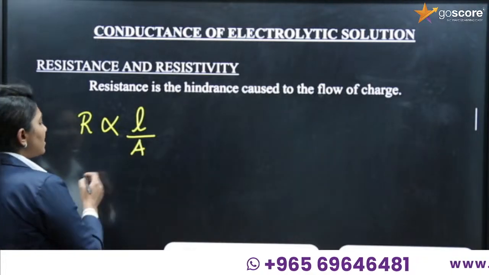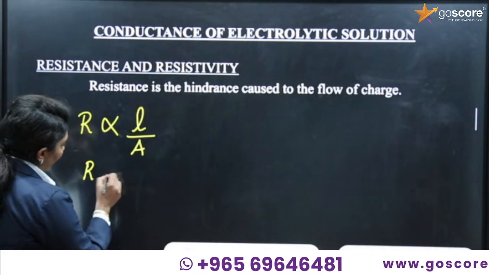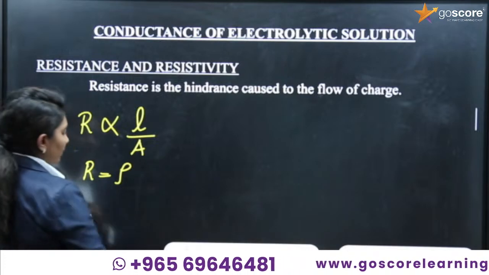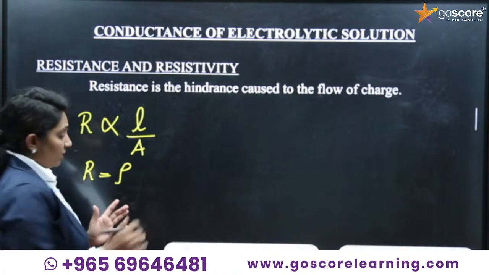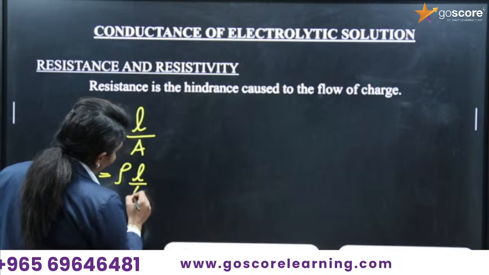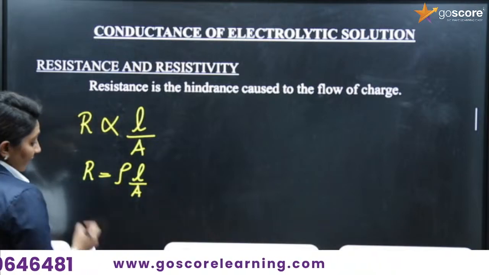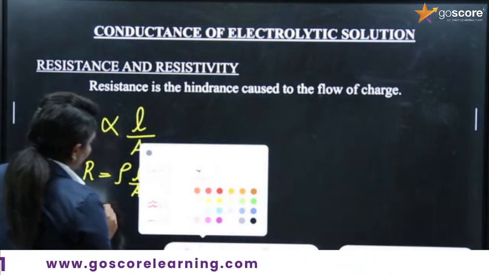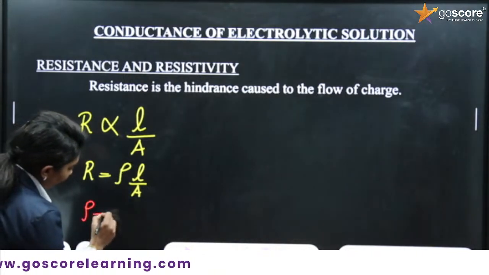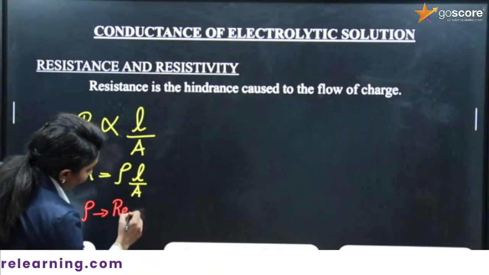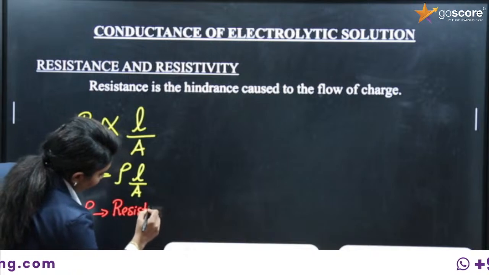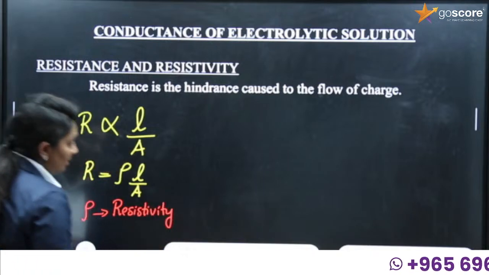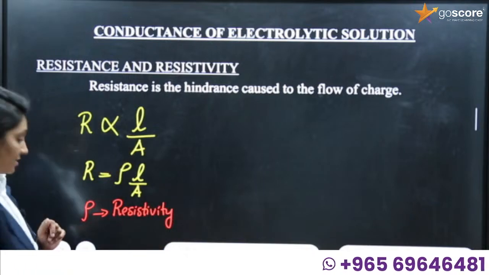So if I change this proportionality, I can write it as R is equal to rho L by A. This rho is the proportionality constant. Rho is nothing but the resistivity.